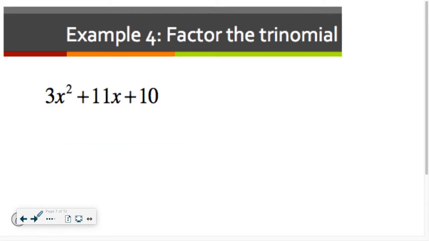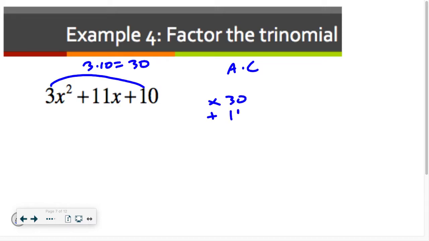Okay? Here's where we get some trickiness. We don't have a greatest common factor. It's not there. So here's where I'm going to do the a times c method. So I'm going to take 3 times 10, which gives me 30. So now the goal is, what multiplies to 30 but adds to 11? I'm having a little bit of trouble with this, so I'm going to list out everything that multiplies to 30.